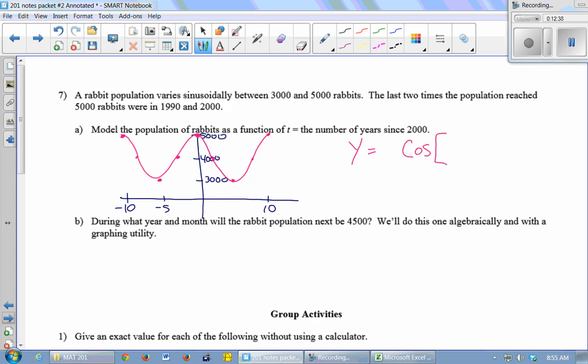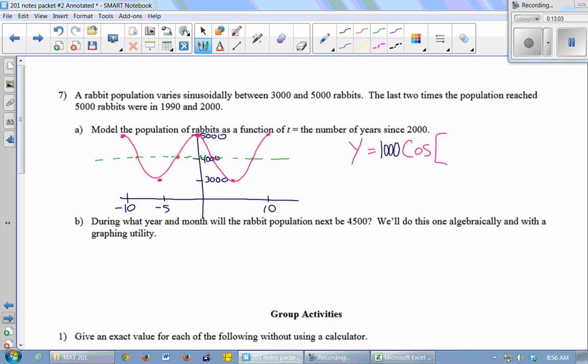So I'm starting to write out the formula here. What's the amplitude of that function? 1,000. That's the distance from the midline, which maybe I'll sketch in here. Midline is this middle point. So the amplitude is the distance from the midline to the max or the midline to the min, 1,000.